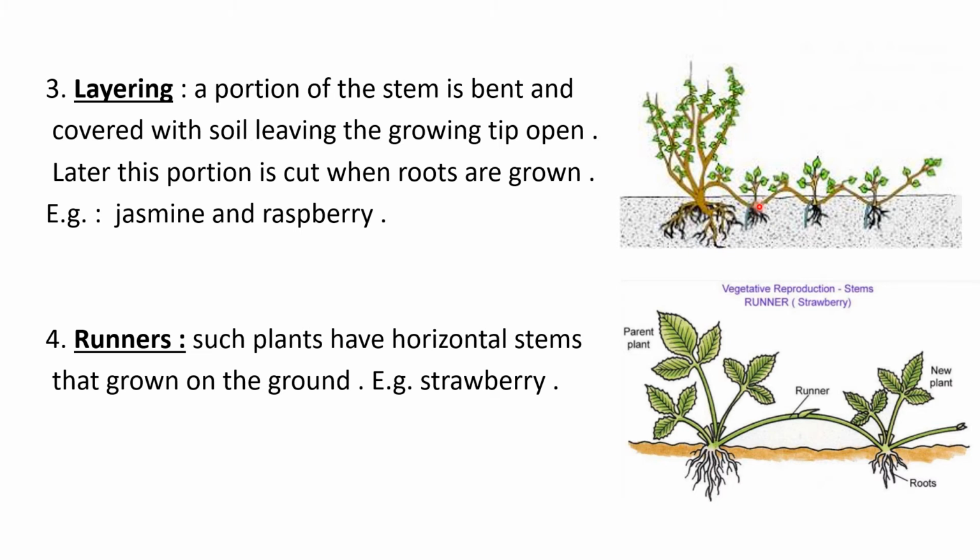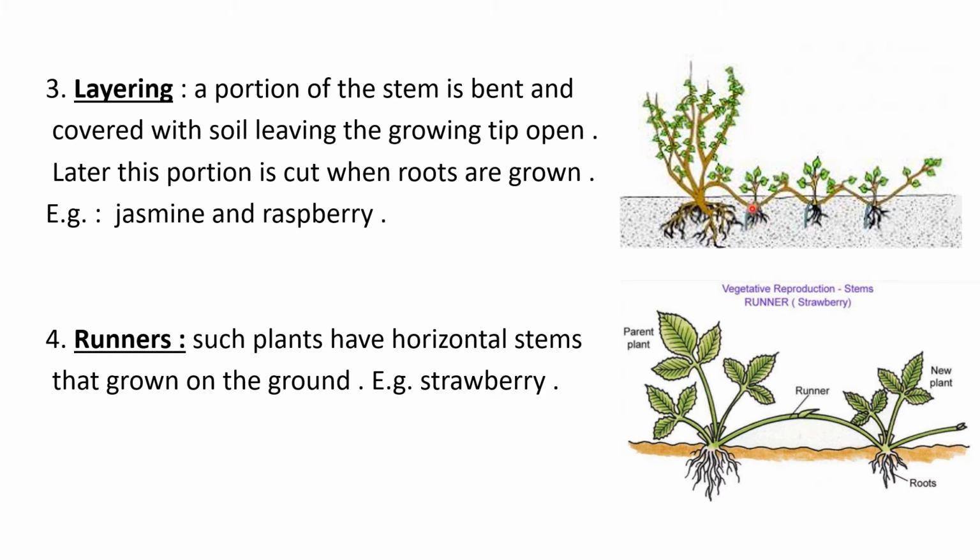So that it could develop into a new plant. But a point has to be noted down: the growing tip has been left open, and the rest of the branch has been submerged into the soil. Now this slowly develops roots.